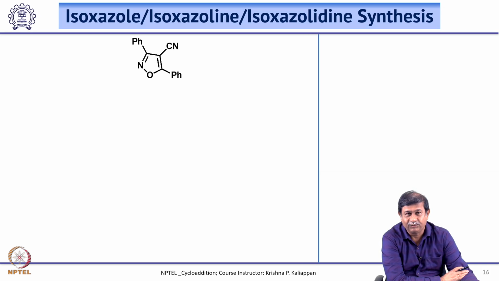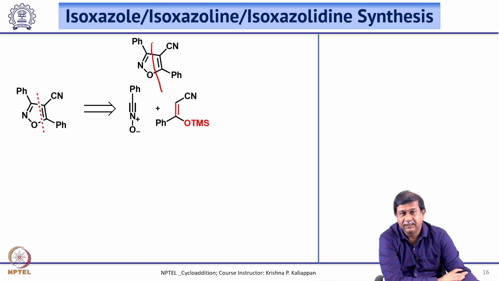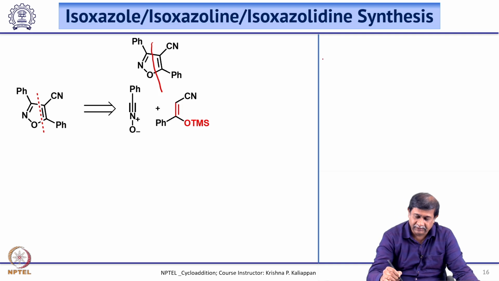For example, if you want to make this compound, if you cleave these two bonds, the left hand side portion is the nitrile oxide and the right hand side portion is your dipolarophile. So how is this dipolarophile generated? One way is the corresponding ketone, then treat with LDA and quench with TMS chloride.